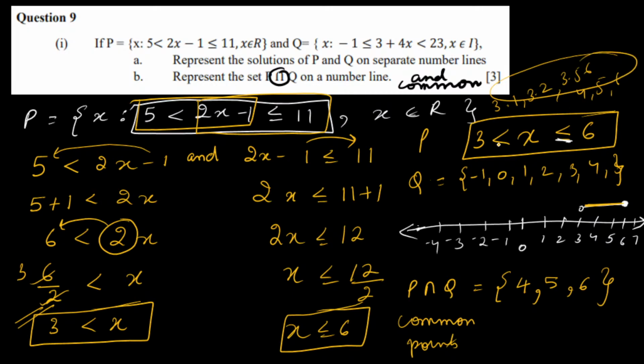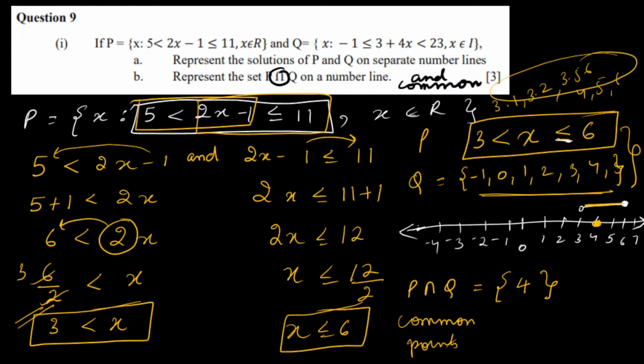So these points are there in set P. But in set Q, we have only these many points. So we can see 5 and 6 are not there in Q, so we don't have to include them, only common points. So only 4 is the common one, because the point should come in both. Only 4. So when you plot on the number line also, only 4 you can plot.